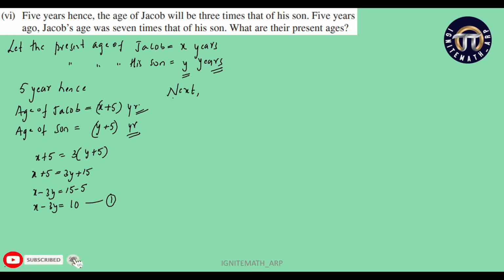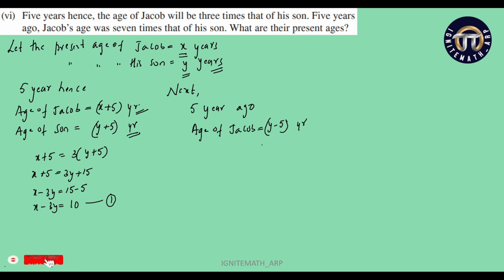What is going to happen in the second case? 5 years ago. Now what is the present age of Jacob? It is x years. Your present age is 14 years. What was your age 5 years ago? So age of Jacob is equal to x minus 5 years. Clear, children?